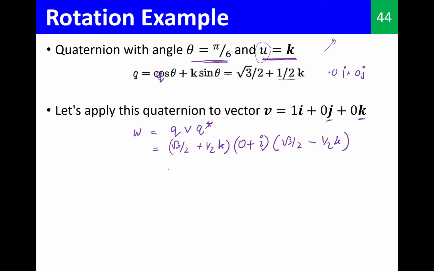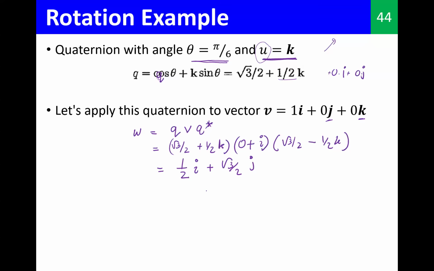So if I do this multiplication, you will see the answer is half I plus J. K times I, you get J terms, and this would be my answer. So this is basically a pure quaternion as expected.